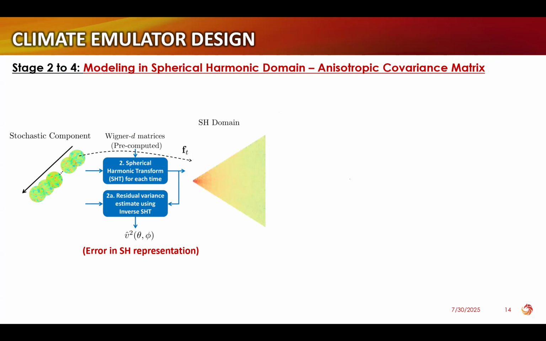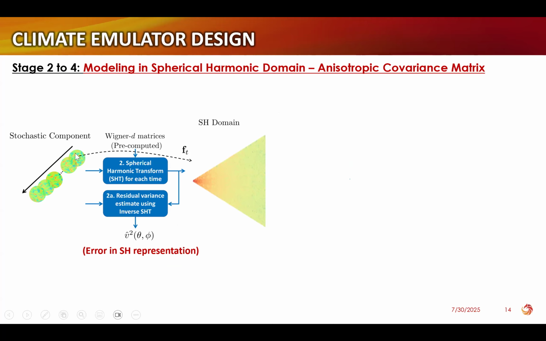Once we have the stochastic component, the next step is to transform this data using the spherical harmonic transform to obtain the spectral domain representation of the data. The stochastic component ZT is again defined over space and time. For each time point, we take the data on the sphere, compute its SHT, and obtain the spectral domain, or spherical harmonic domain, representation of the data.